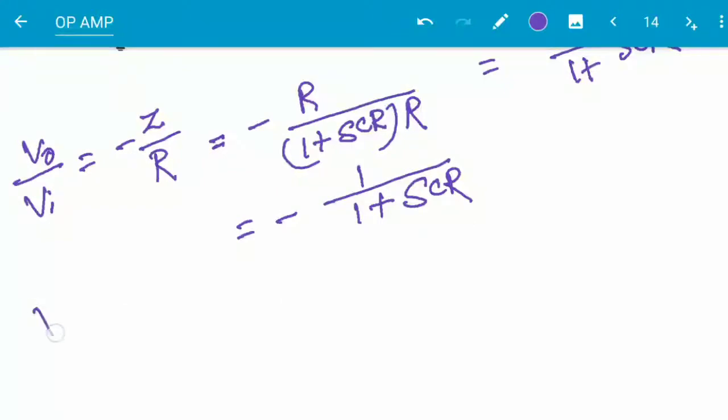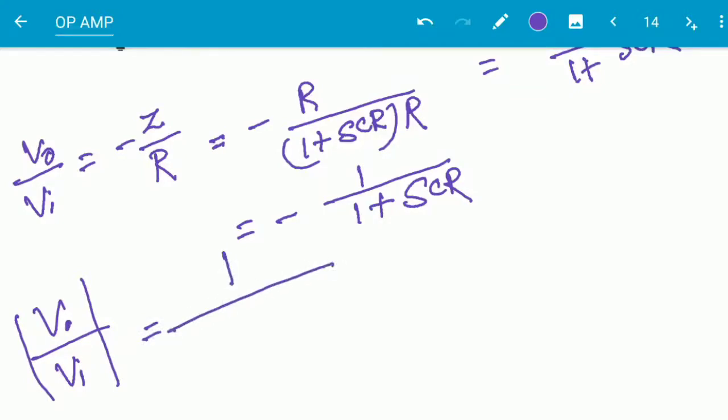The magnitude of V output by V input will be the mod of the gain part.